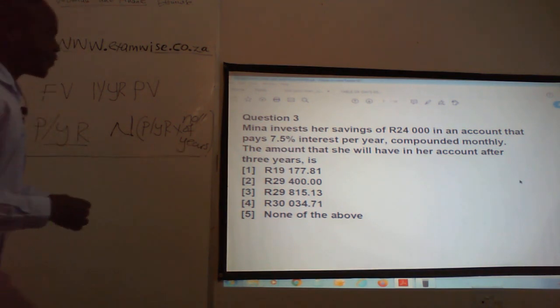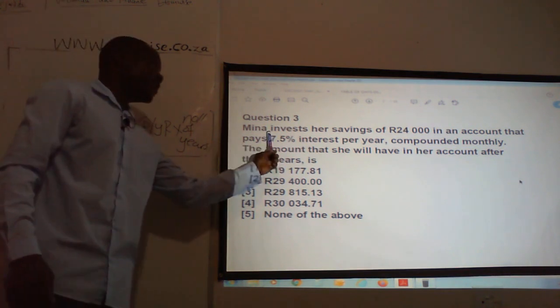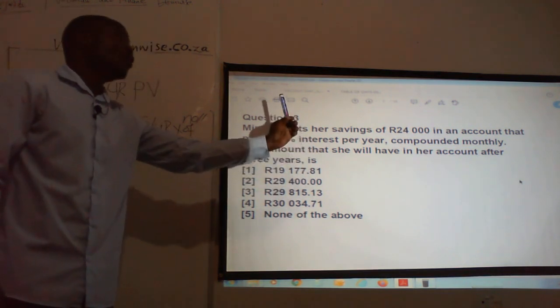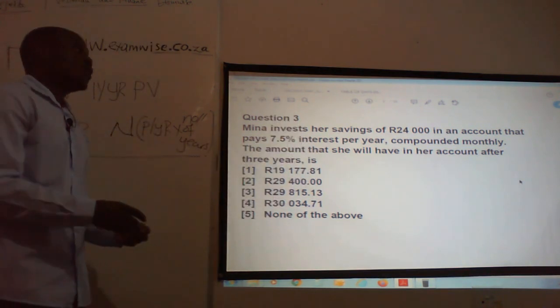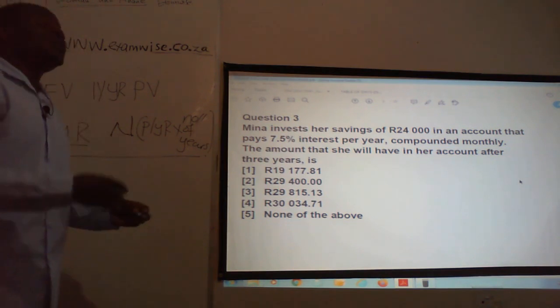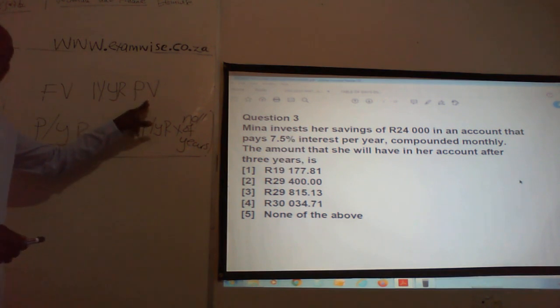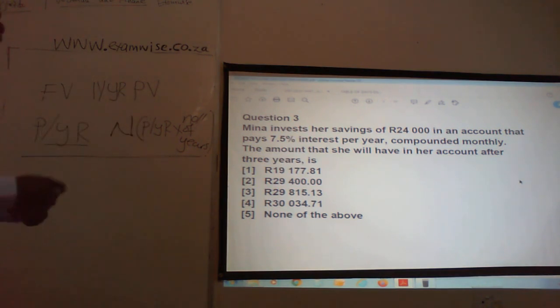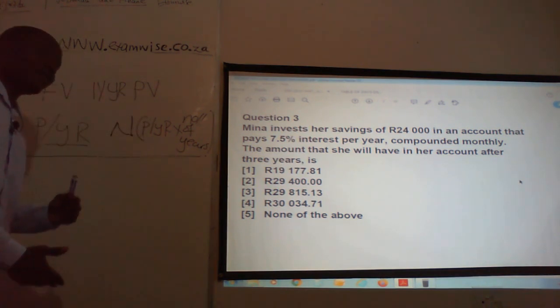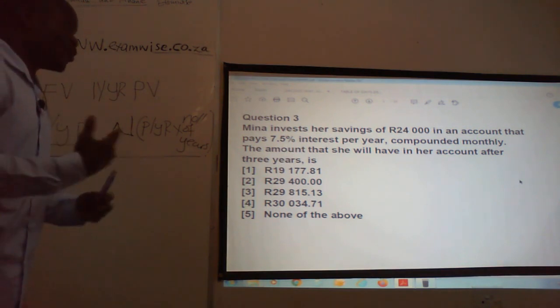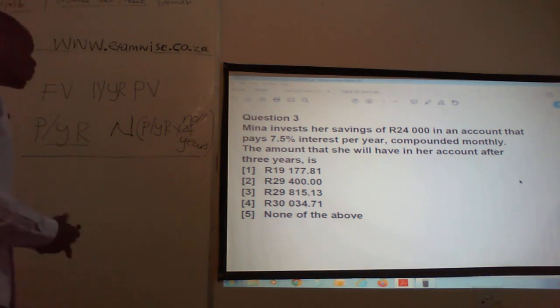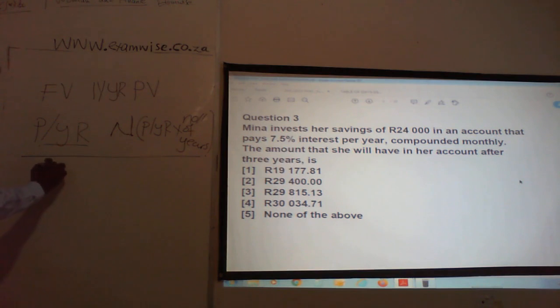So let us start from the beginning. Mina invests her savings of 24,000. The 24,000 which was invested here is our present value. Present value is simply the amount that was originally invested, or the amount that was originally borrowed. So here we have 24,000.